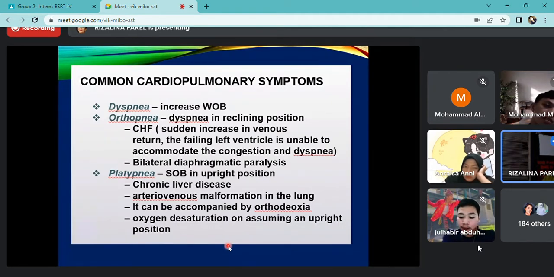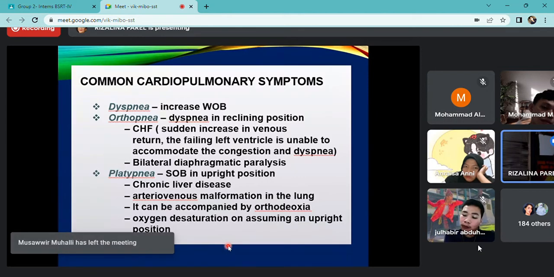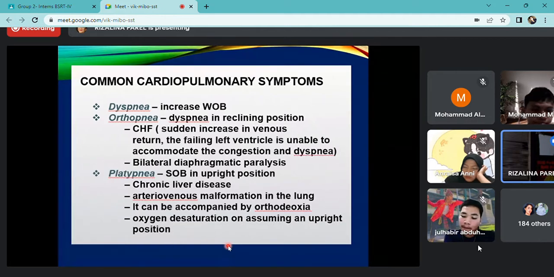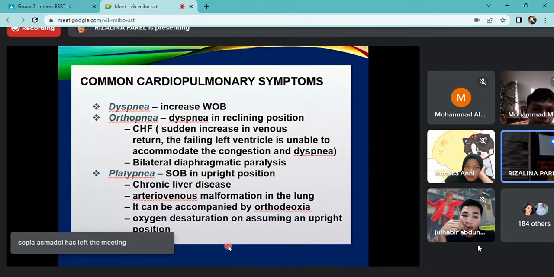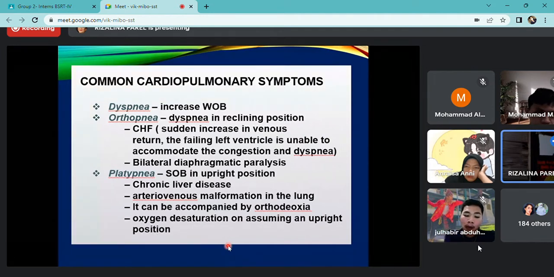Or D, B and C. Okay, again, this is bluish discoloration of the extremities due to poor perfusion of blood. A, central cyanosis. B, acrocyanosis. C, peripheral cyanosis. Or letter D, B and C. And the answer is letter D or dog. So this is acro, extremity cyanosis, and peripheral cyanosis. So B and C.